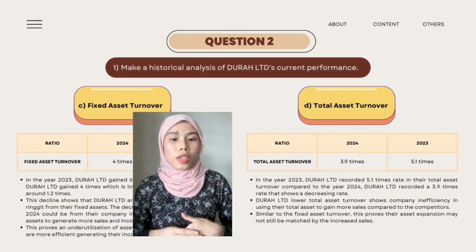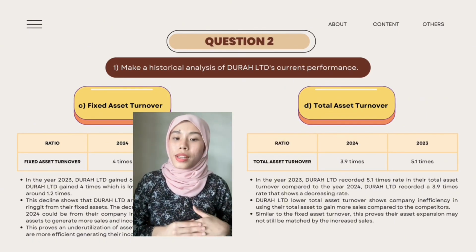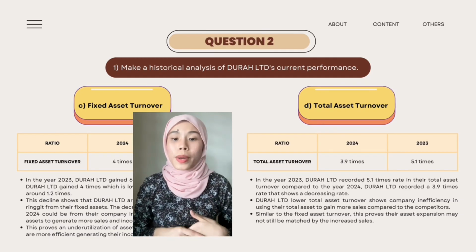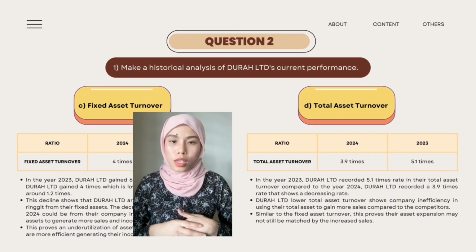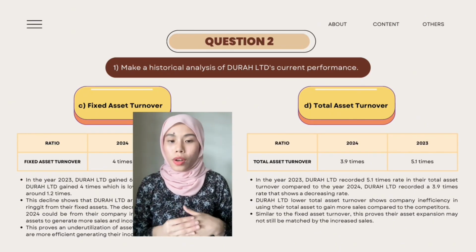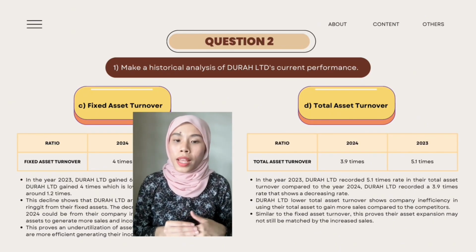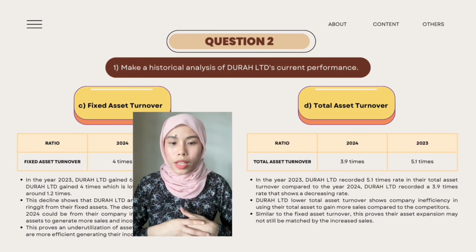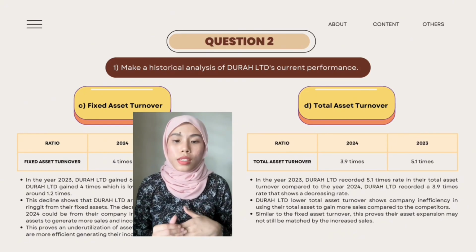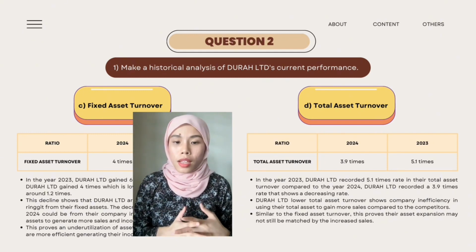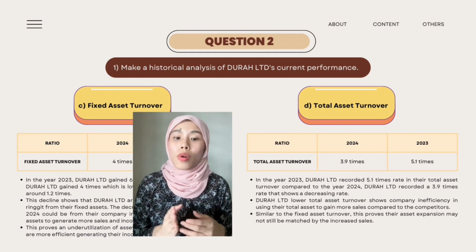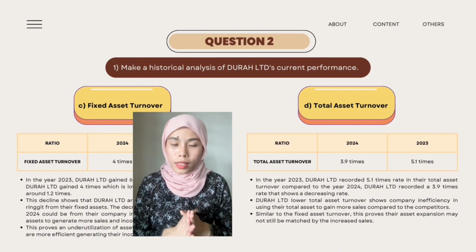In the year of 2023, Dura Ltd recorded a 5.1 times rate in their total asset turnover compared to the year of 2024, where Dura Ltd recorded a 3.9 times rate, which shows a decreasing rate. Dura Ltd's lower total asset turnover shows the company's inefficiency in using their total assets to gain more sales compared to the competitors.